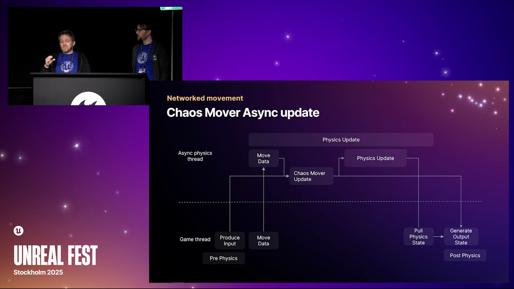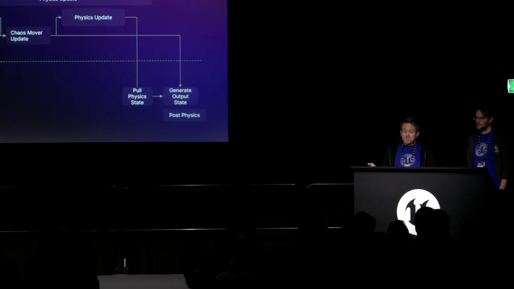One of the most important consequences is that because we're running the movement simulation logic on the async thread, we can't directly access data that's on the game thread, because the game thread is ticking at the same time. We don't want the 2 threads to be clashing. So when physics is about to tick, we produce input, so pad input. That all happens at the same time.